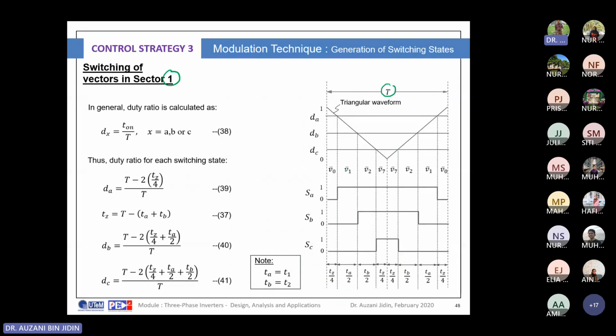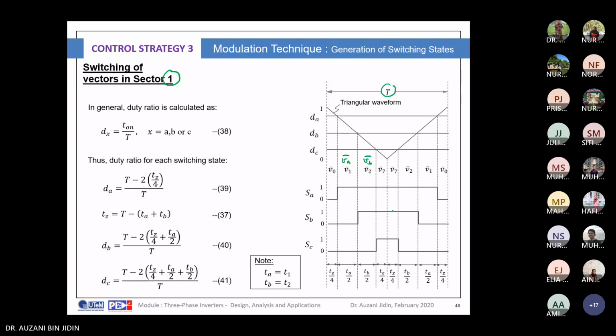Then for interval number 2 should be V1. So V1 will be your VA, right? Then V2 will be VB. Then go to the zero vector V7 at the middle of the switching period.